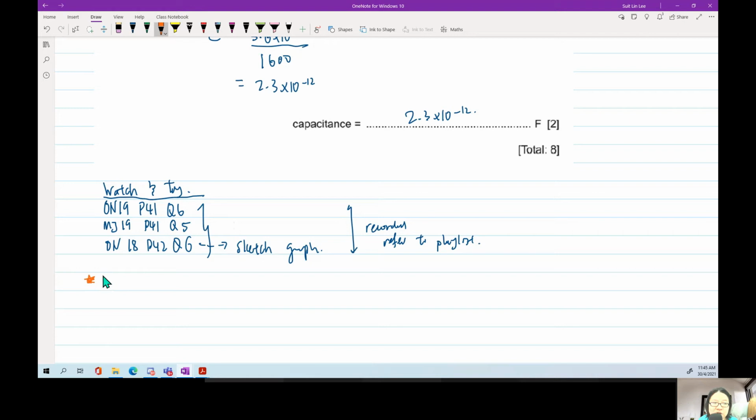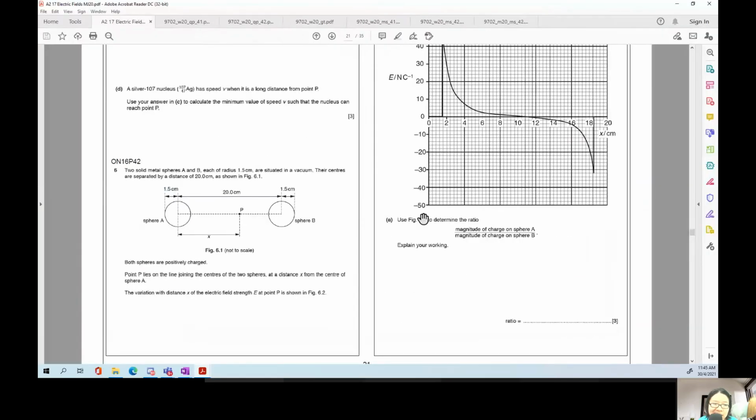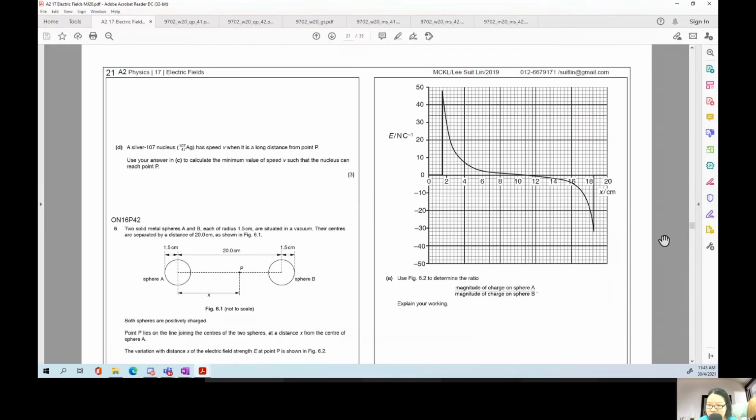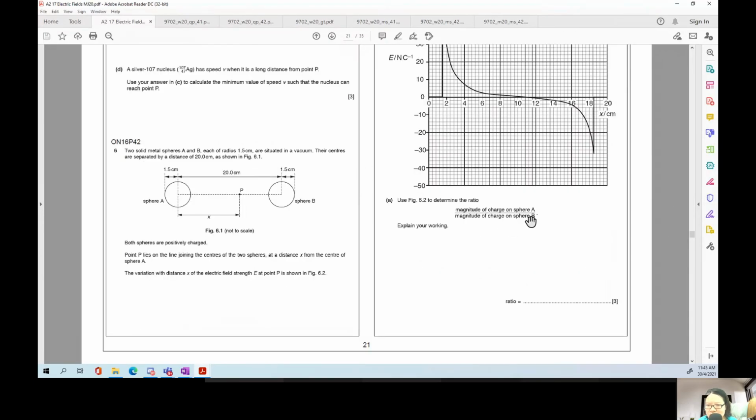Okay, if you want a shortcut, a must try or a must watch or a must do, if you haven't done it yet, is the ON16 paper 42 question 6. This is also recorded, because this question has the electric field graph, very familiar, and then they want to find the ratio of charge. Just now we found the charge using ratio, so I'm pretty sure we can find the ratio of charge then.